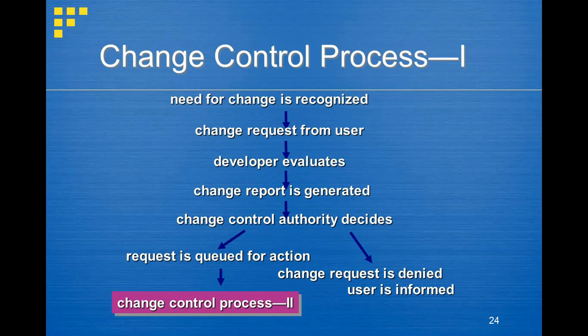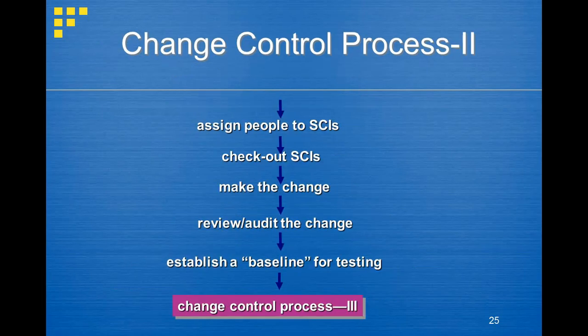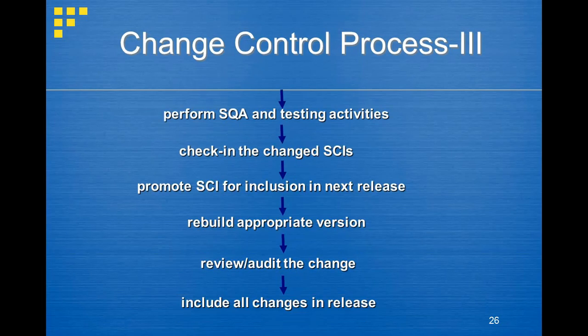If the requests are many, they can be queued for action, and given to the second process. Then in process 2, assign the people, check out the software configuration management, make the changes, and if you want to audit the change, we can audit it, then test it, and then proceed to the third change control process.